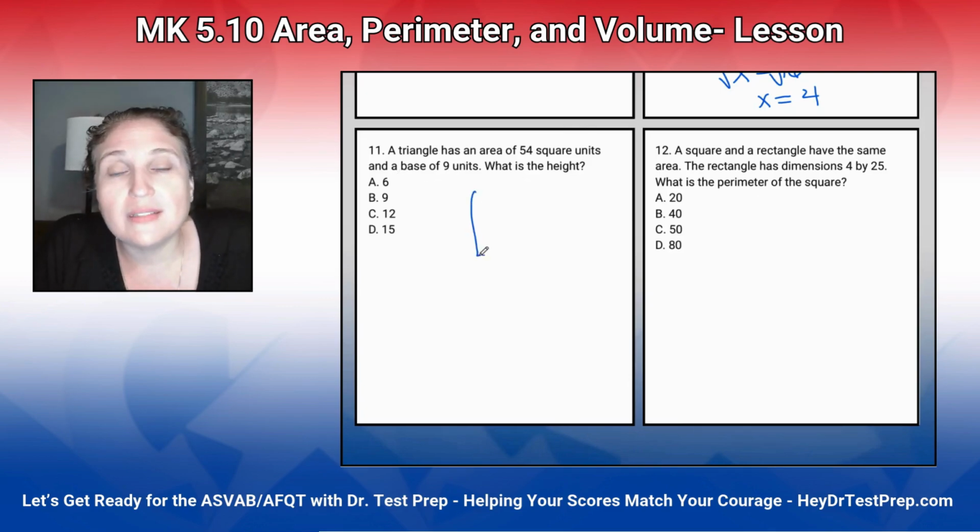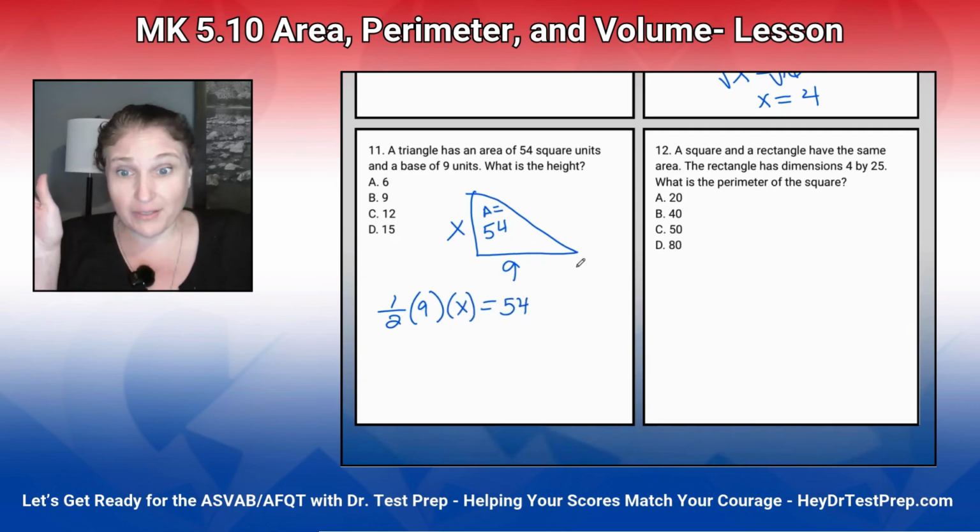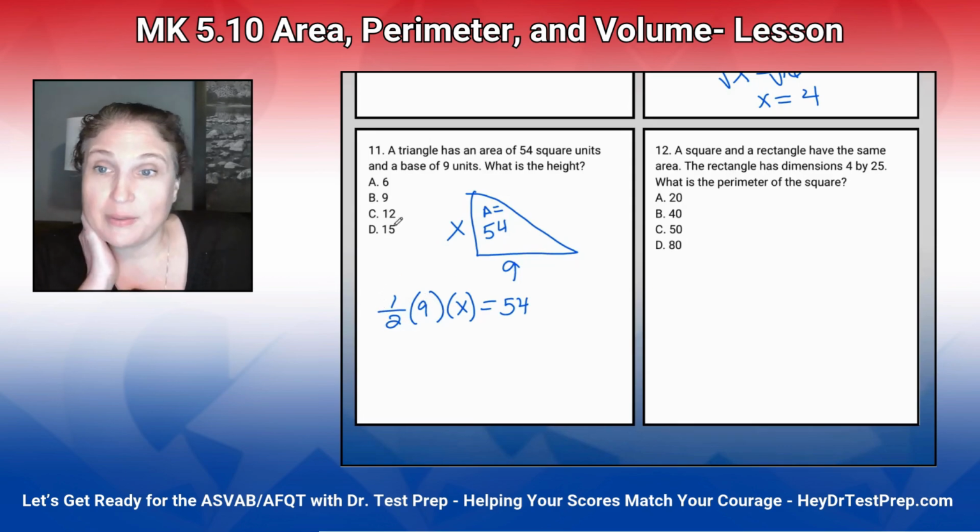A triangle has an area of 54. The base is 9. What is the height? So I've got 1/2 times base times the height equals 54. Well, I'm going to multiply everything by 2 to get rid of this 1/2.